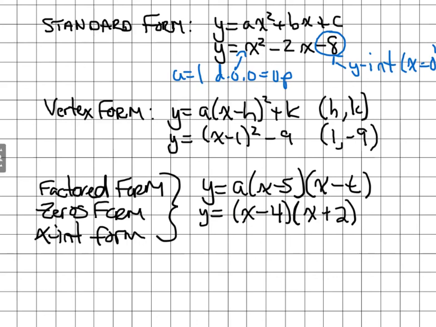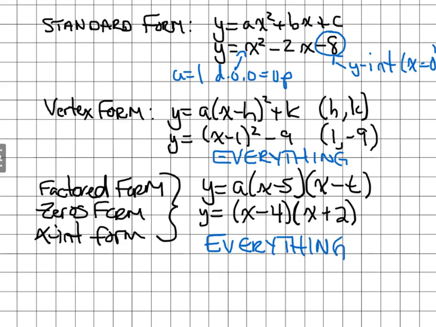So, as a recap one more time, all we can find out from standard form is the direction of opening and the y-intercept. For vertex form, we can find everything. And factored form, everything.